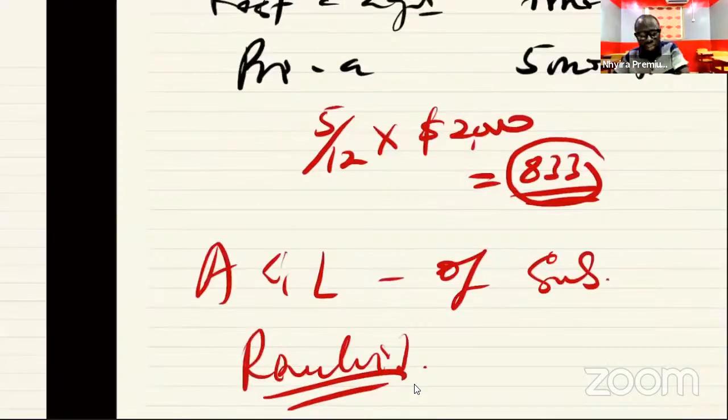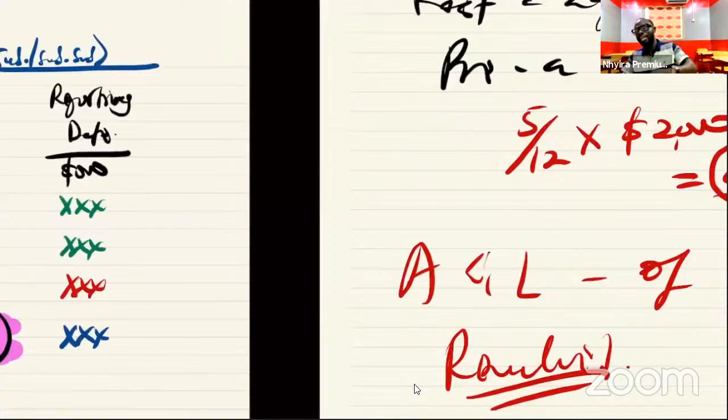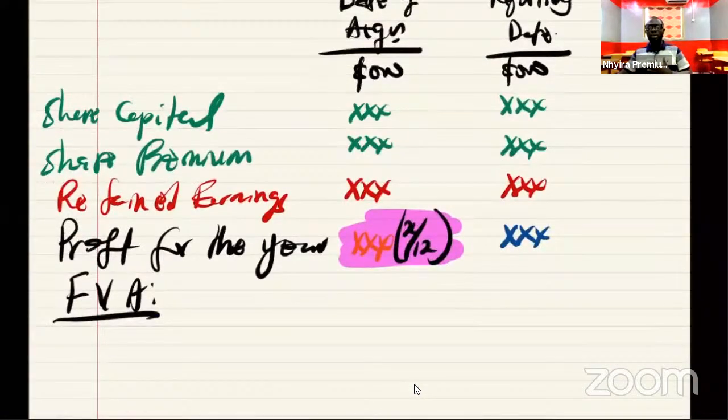Now, when the revaluation is done, it is either that the parent's revaluation is more than the subsidiary's, or the subsidiary's revaluation is less than the parent's revaluation. So two languages can come up here.